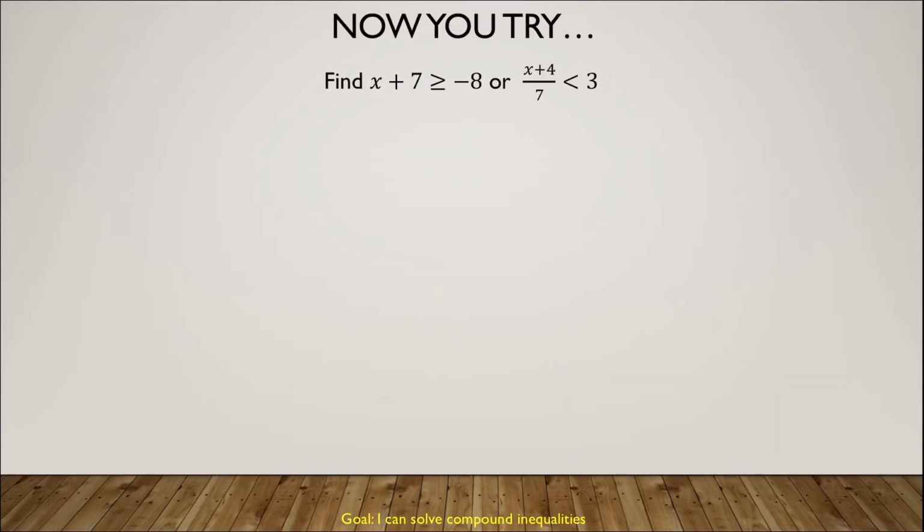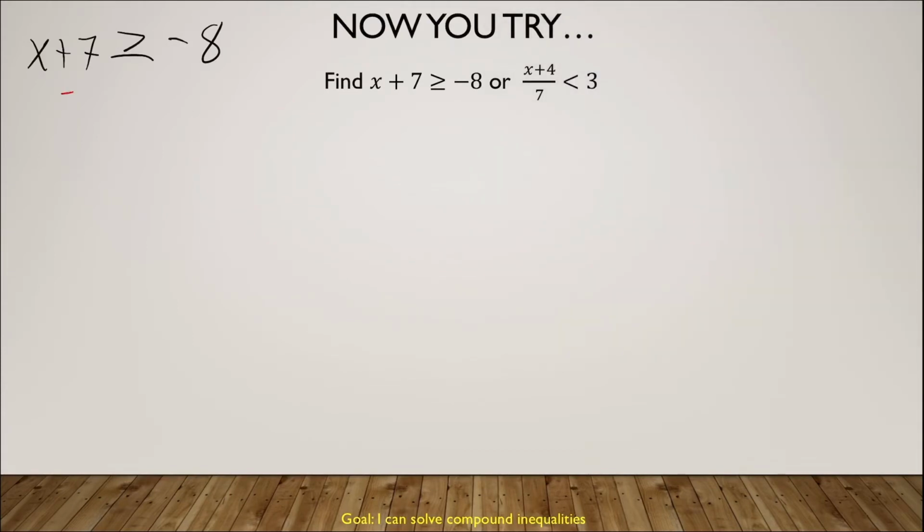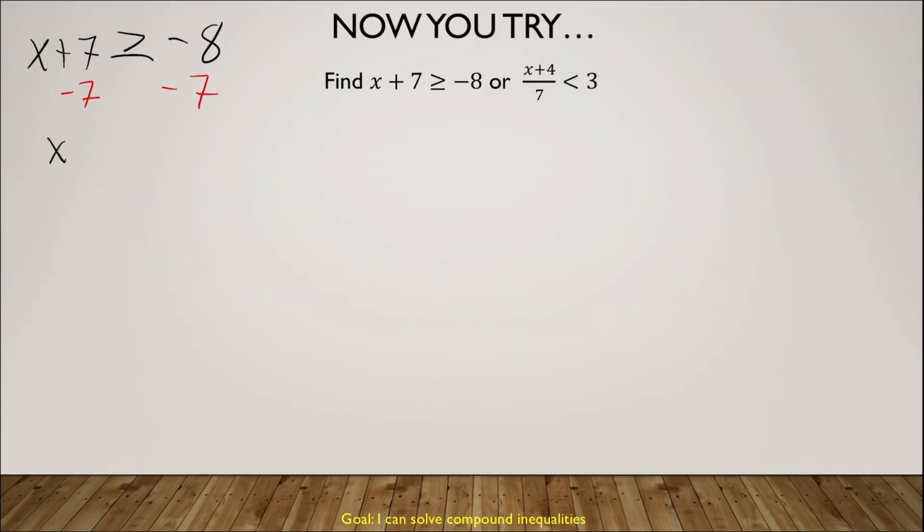Now I'd like you guys to try. Before you watch it, pause the video, solve these inequalities, and then watch the solution. Alright, so we have x plus 7 is greater than or equal to negative 8. We're going to subtract 7 from both sides. x is greater than or equal to negative 15. Perfect.